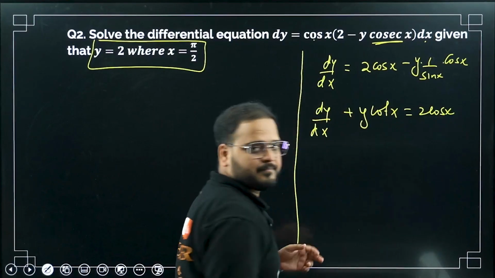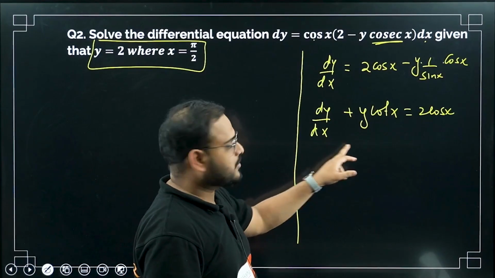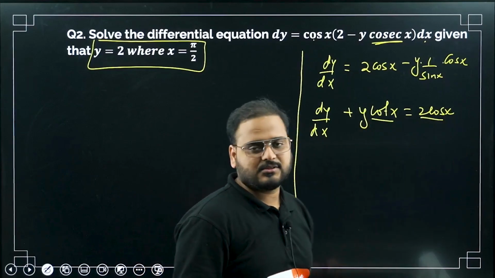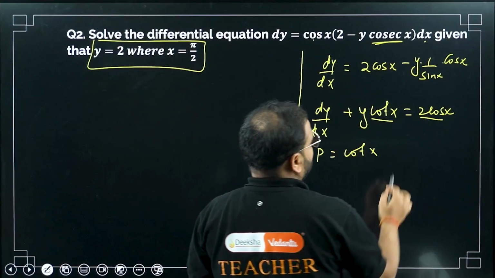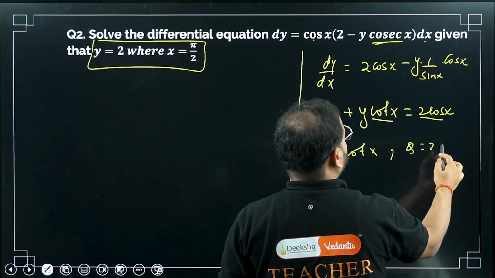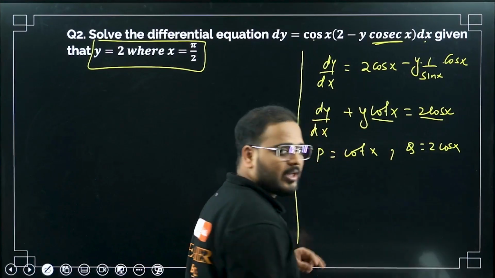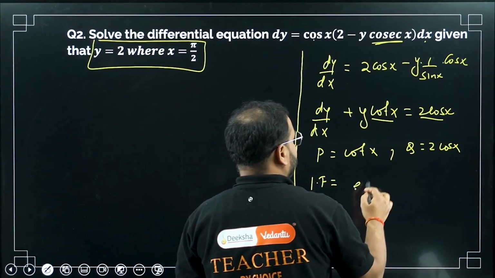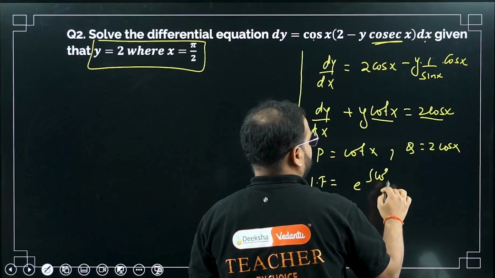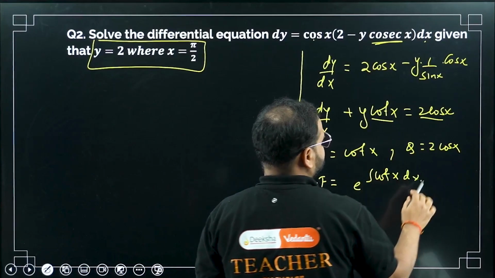Now check the standard form. The independent variable is x. What is my p value? The p value is cot x and the q value is 2 cos x. What is the IF going to be? e power integral of cot x dx.